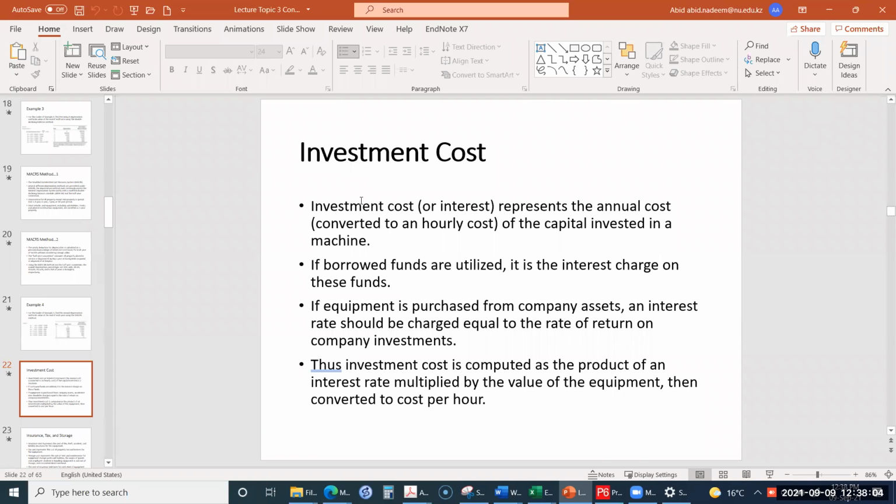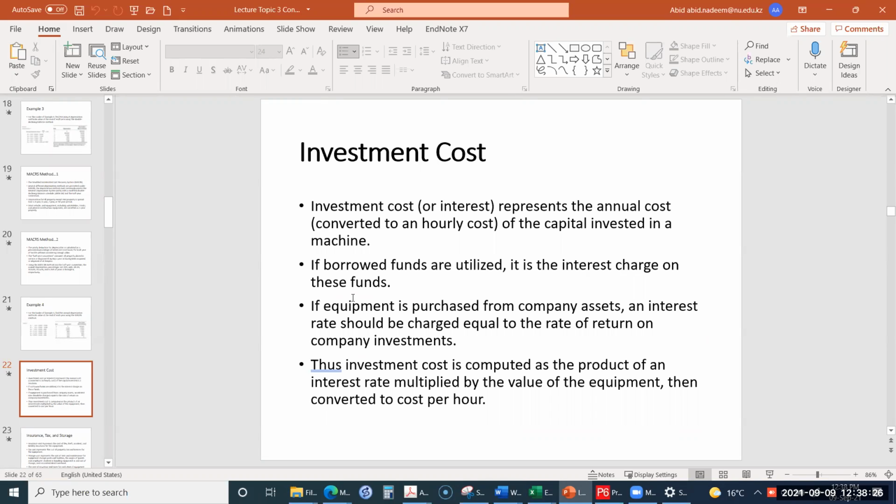Investment cost can be a borrowed amount, or it can be the own capital of the contractor as well. If borrowed funds are used, it is the interest charge on these funds.